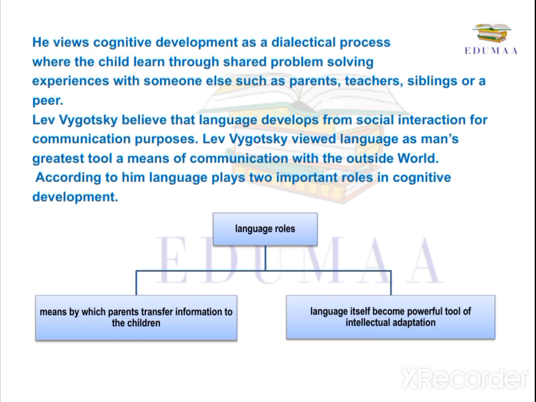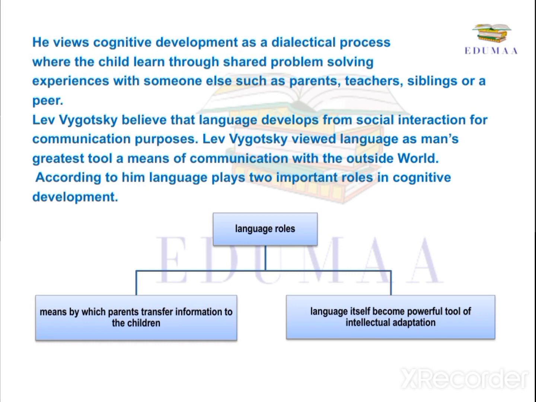He views cognitive development as a dialectical process where the child learns through shared problem solving experiences with someone else, such as a parent, teacher, sibling, or a peer. Vygotsky believed that language develops from social interaction for communication purposes. Vygotsky viewed language as man's greatest tool, a means of communication with the outside world.